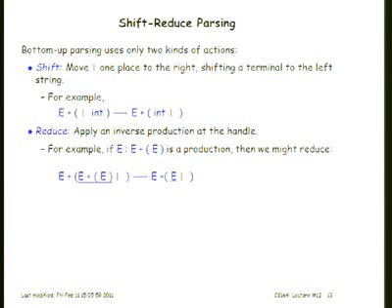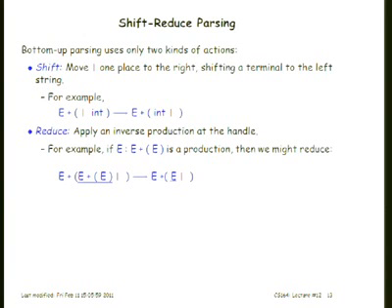So I will move this bar over by one, and we call that shifting, meaning that we now consider the next terminal symbol as part of the handle. We now look for a handle that ends with the next terminal symbol. The other possibility is that we are convinced that our dividing line is to the right of a handle, that the symbols to our left are things that we should reduce at this point.